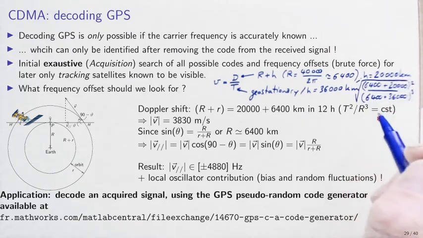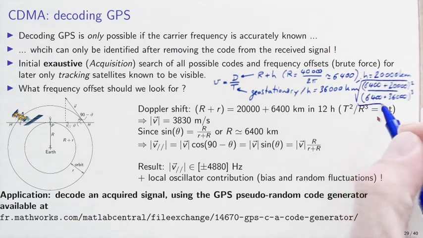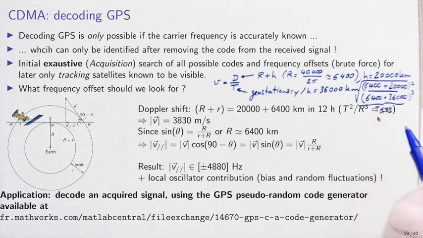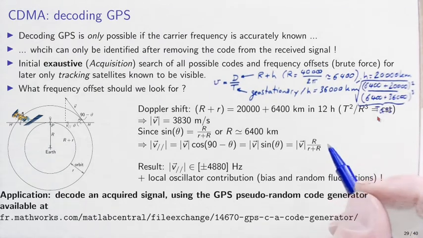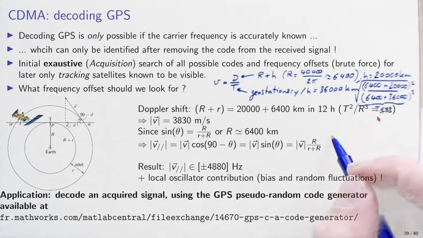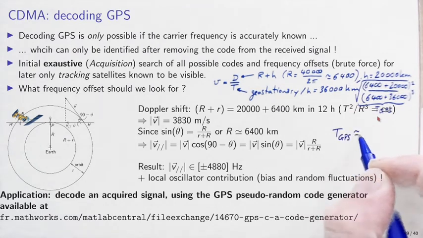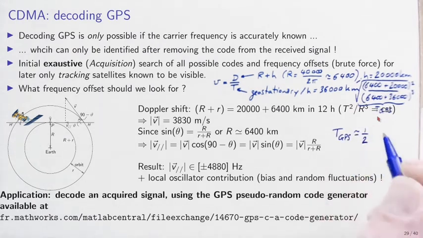That tells me what is the period of GPS with respect to the 24 hours of the geostationary satellite. So if you do the calculation here, you will find that the period of GPS is 1/2, 0.5, the period of the geostationary satellite, which is 24 hours.